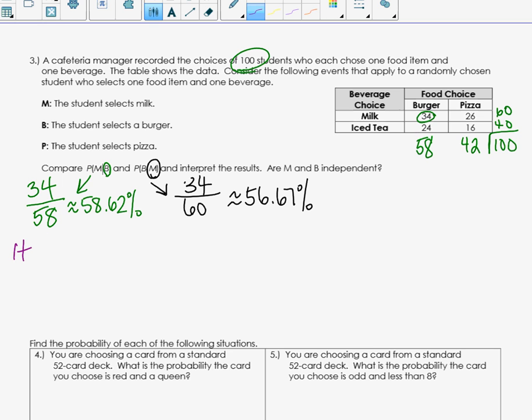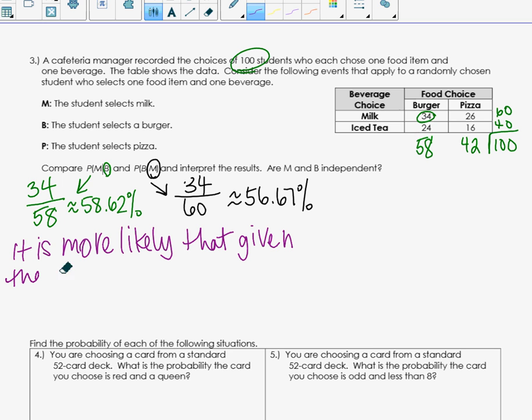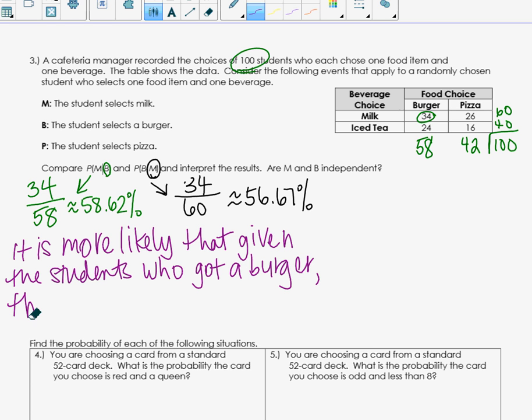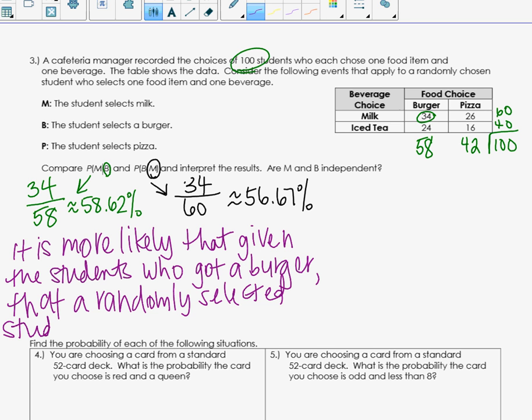It is more likely that, given the students who got a burger, a randomly selected student chose milk.